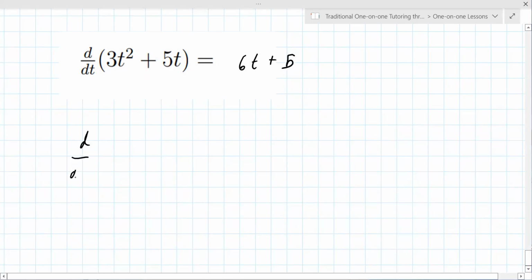Let's go d/dp of 3 over p cubed minus 1 over square root of p.